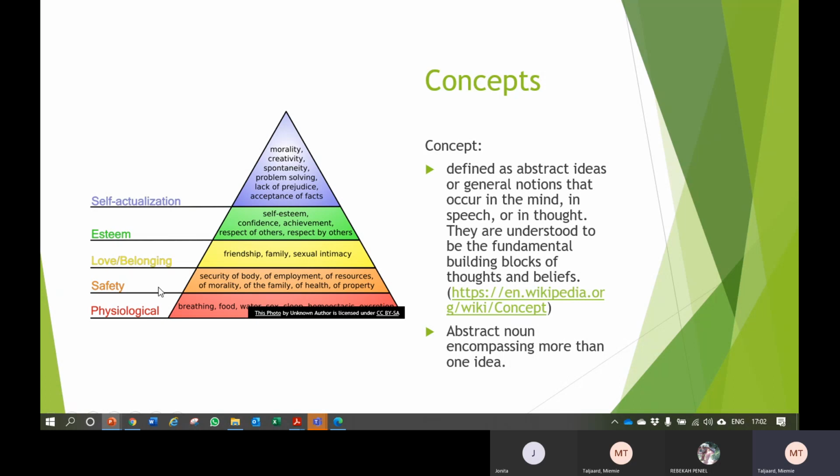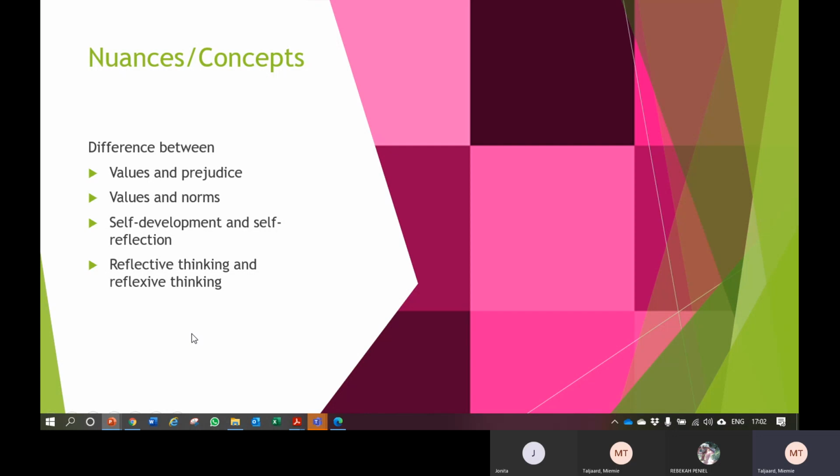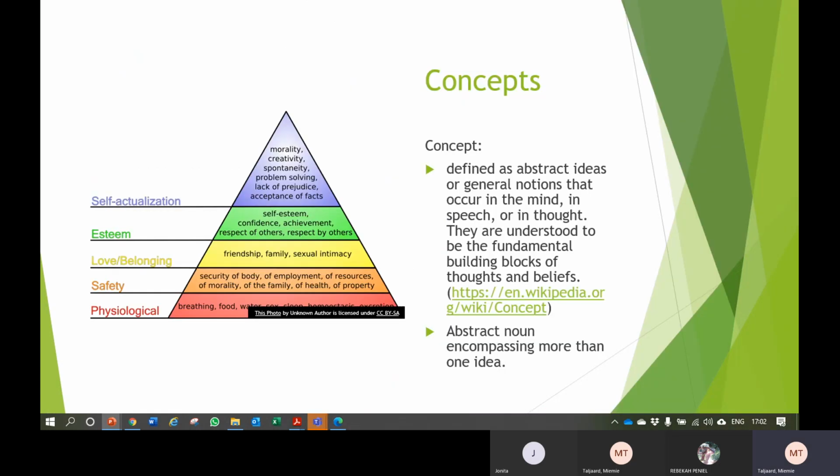And here I want to give you an example. These are concepts: physiological, safety, love and belonging, esteem, self-actualization. This is Maslow's hierarchy of needs. Maslow looked at breathing, food, water, sleep, homeostasis, that is an equal being, and even excretion.